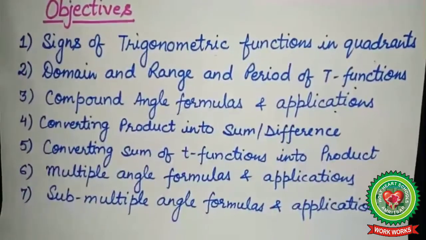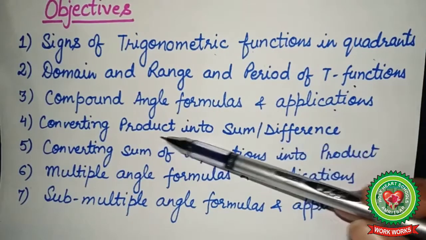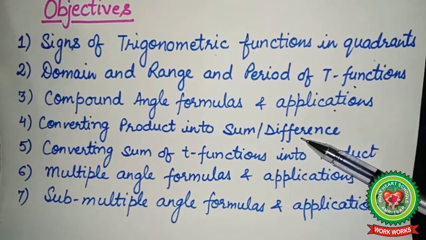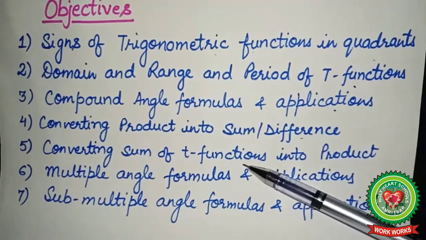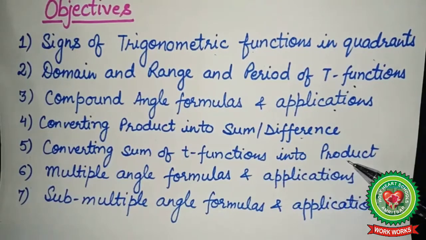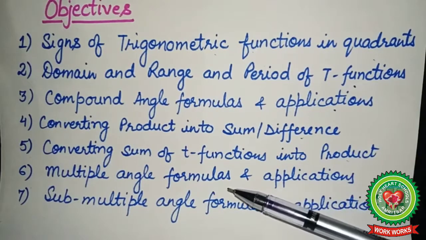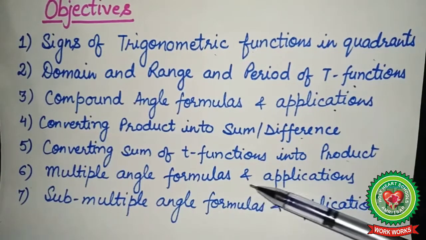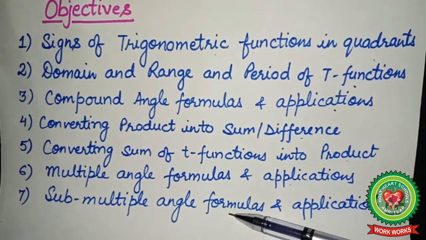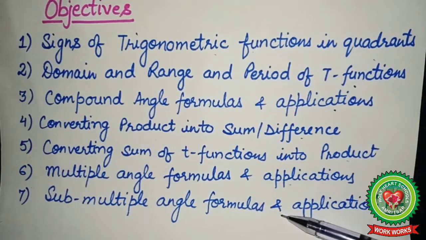Next, fourth is converting product into sum and difference of the trigonometric functions. Fifth, converting sum of trigonometric functions into products. Sixth is multiple angle formulas and its applications. Last one is sub-multiple angle formulas and applications.